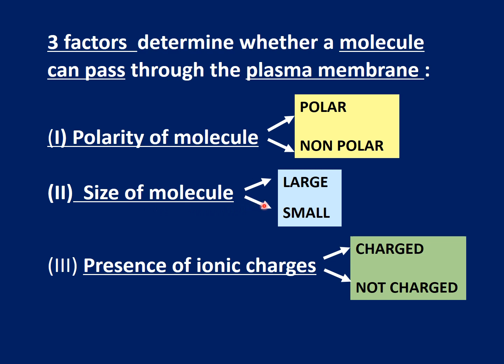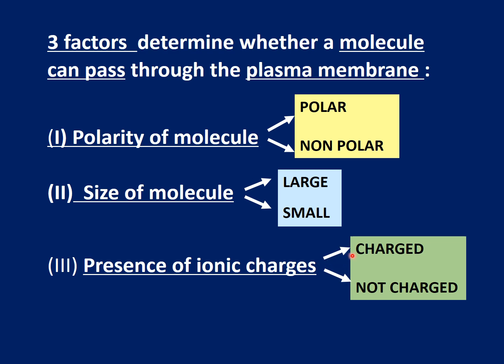Size of molecule, large or small? Small molecules will have an easier time crossing the phospholipid bilayer, as they can go through the pores. Large molecules probably have to use carrier proteins to help them cross the plasma membrane. Presence of ionic charges. For example, potassium has a positive charge, or magnesium with two positive charges.